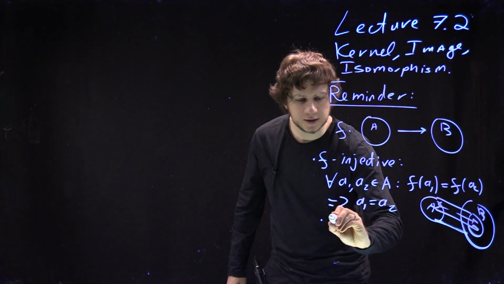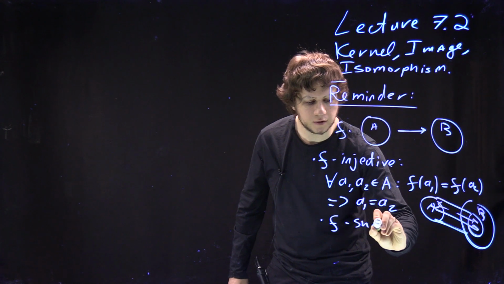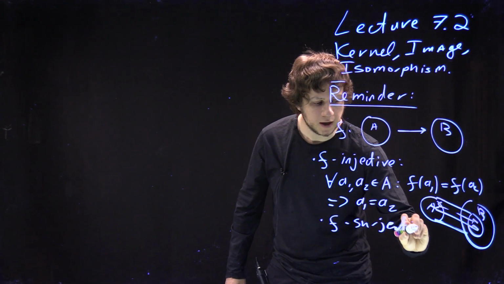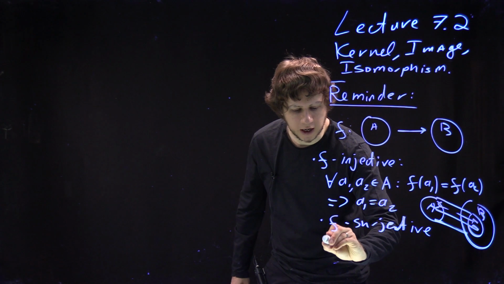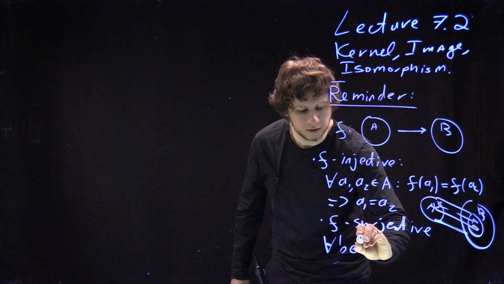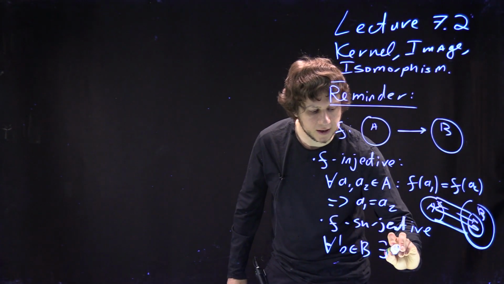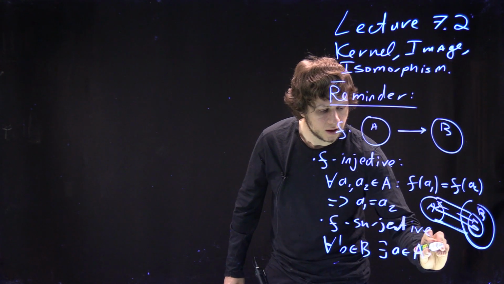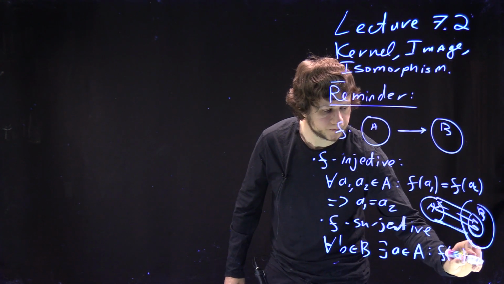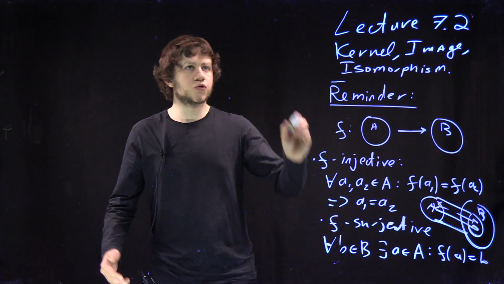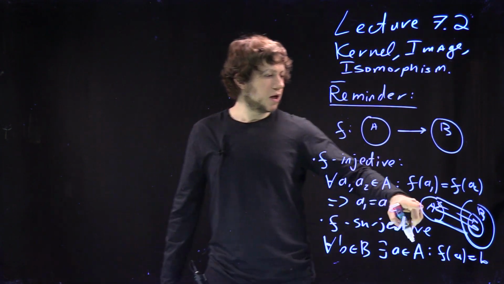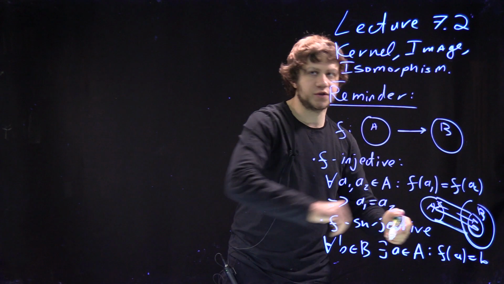Another important case is F being surjective. This is when for every element B in B, there exists A in A such that f of A equals B. Usually maps are not surjective, but there is a notion of an image of the map.